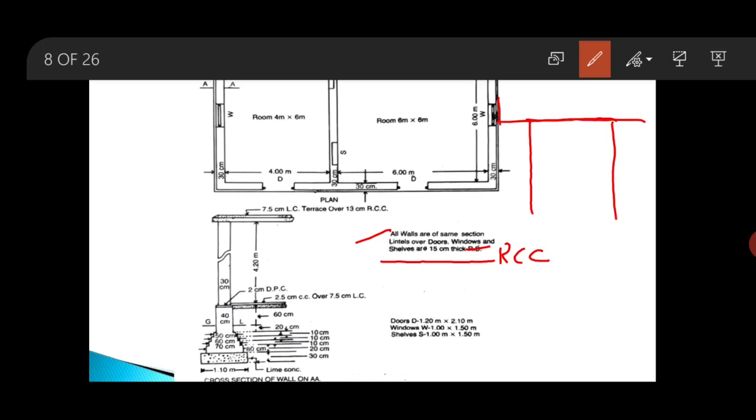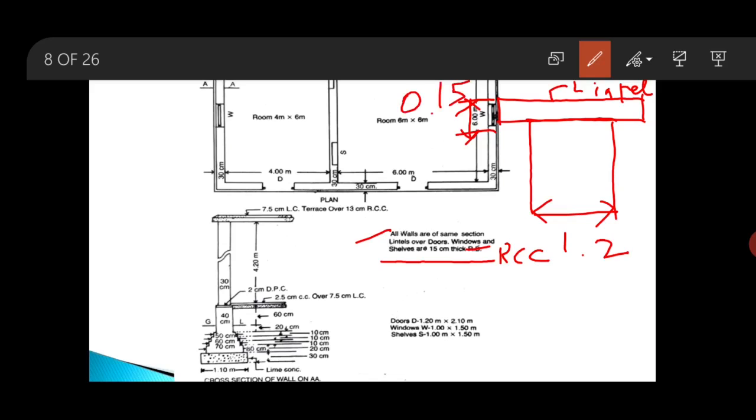then this one is the door opening, which is equal to 1.2, and this one is your lintel. Okay, this one is your lintel. So, the thickness of lintel is given as 15 centimeter, or in terms of meter it is 0.15.